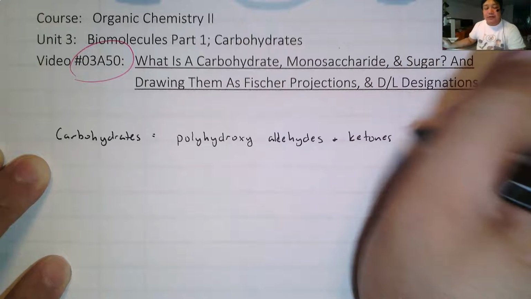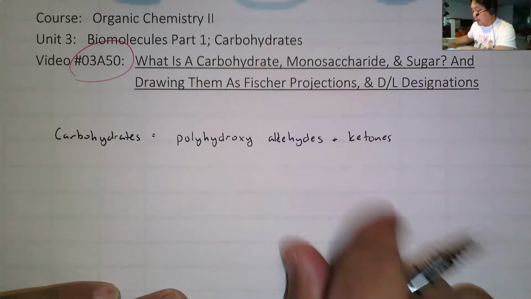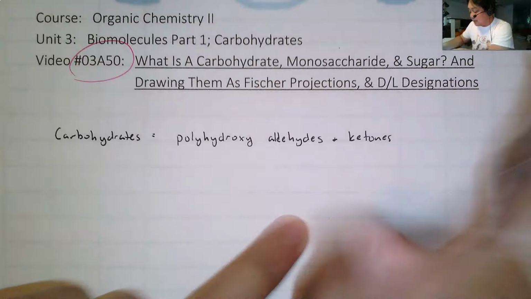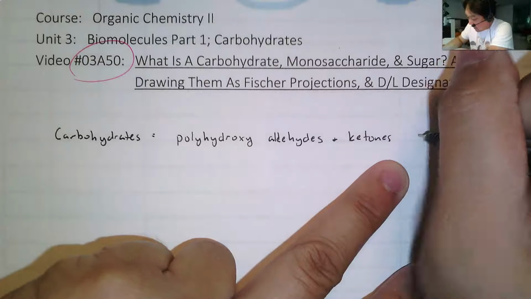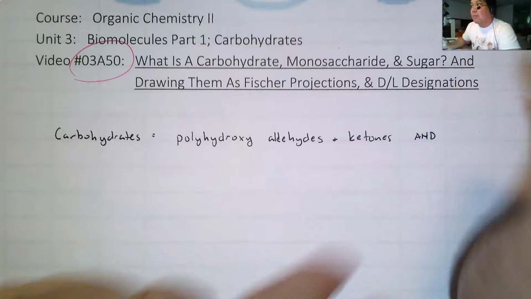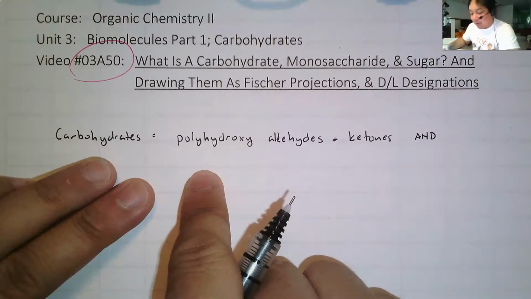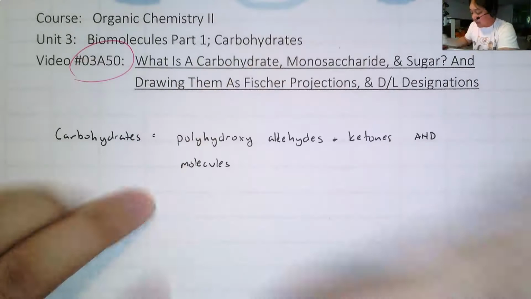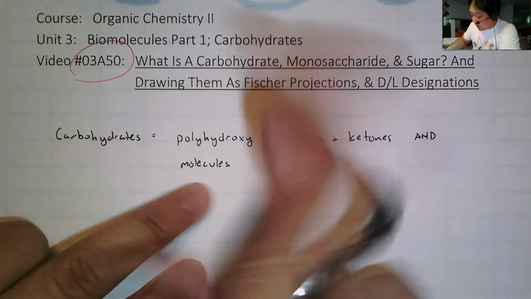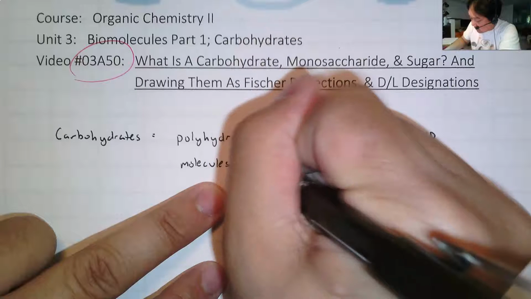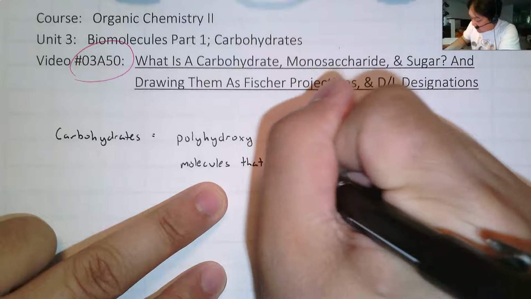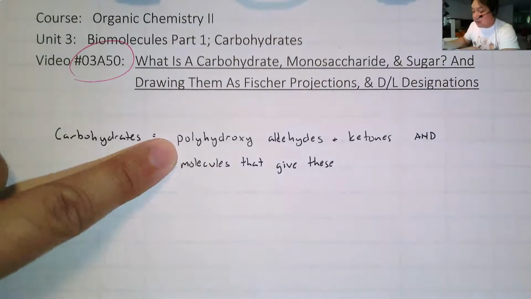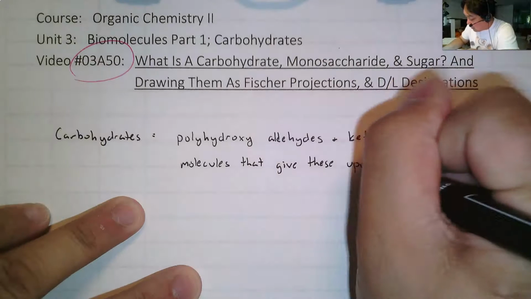The definition of carbohydrate is structural based, but there's a caveat: polyhydroxy aldehydes and ketones, and molecules that give these upon hydrolysis. I'll show you what I mean by this through structures.